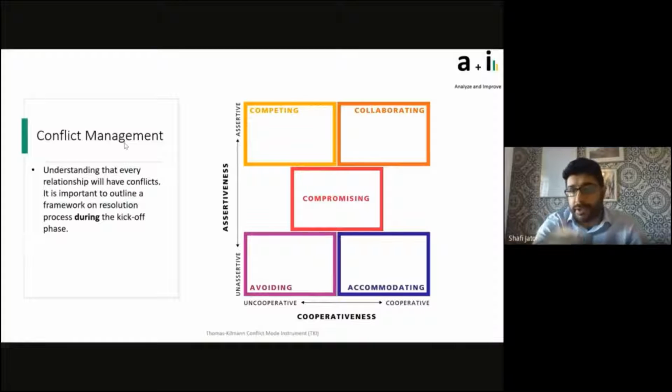Collaboration, as per the chart, collaborating is a win-win solution where there's a unanimous understanding of the problem, and then both parties work to resolve it to everybody's satisfaction. That is generally how people would want relationships to work.